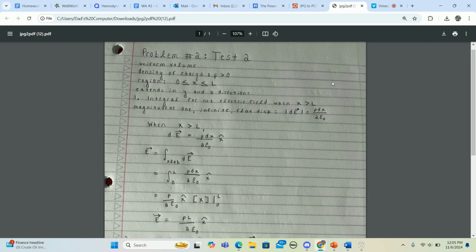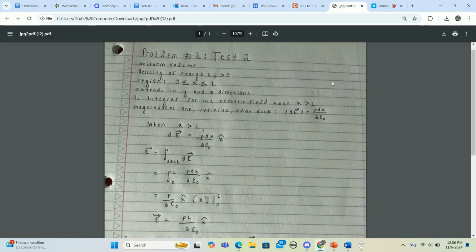And so for the first part, we're trying to break the slab into an infinite number of infinitely large charged disks, each with thickness dx and charge density ρ dx.